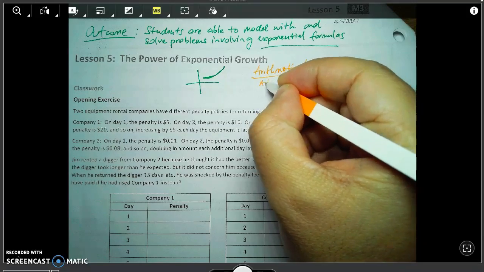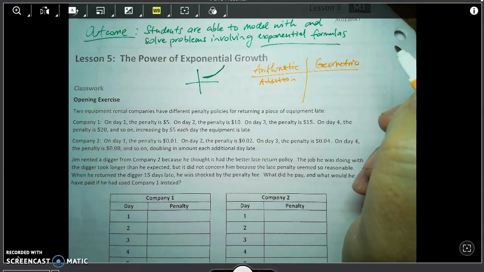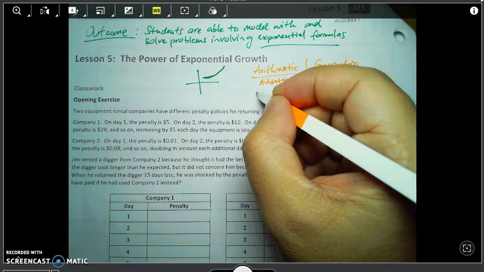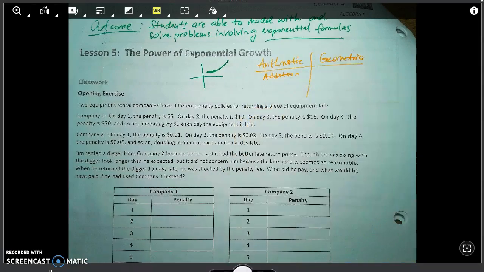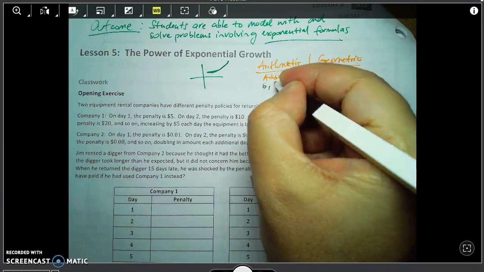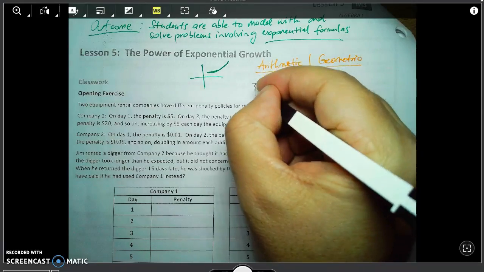So it involves addition. It could be as simple as, for example, 3, 6, 9, 12, and so on.